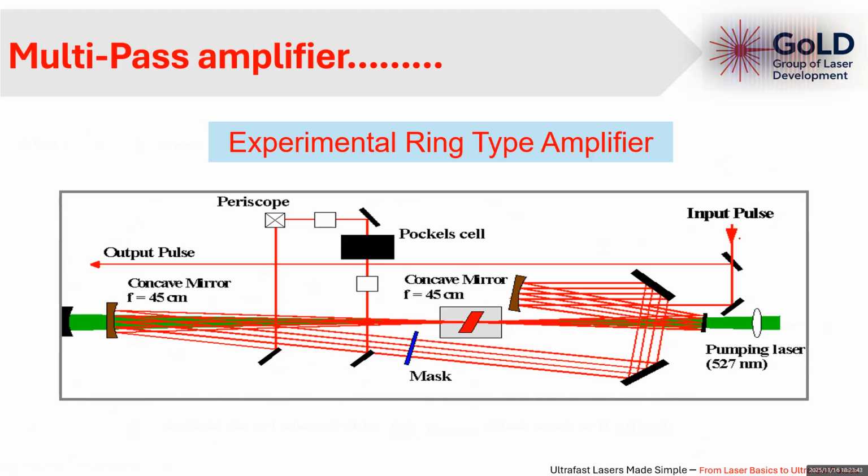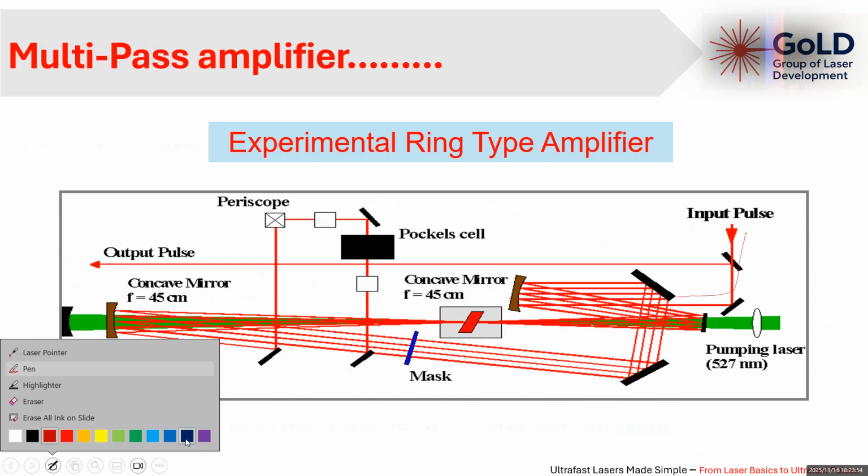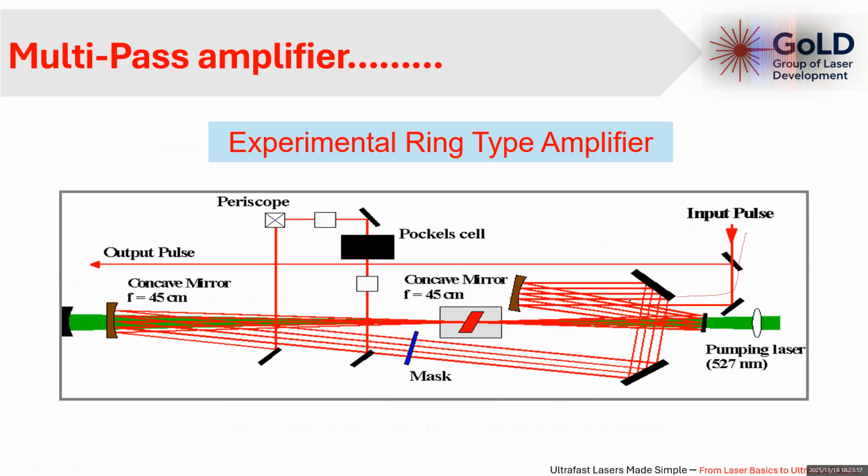This is your input pulse, and from here it goes here, then here, then here, and then here. Each and every time it passes through the crystal, but it's making the round. It is called ring type as well. It's not like a ring, but it is called a ring type.